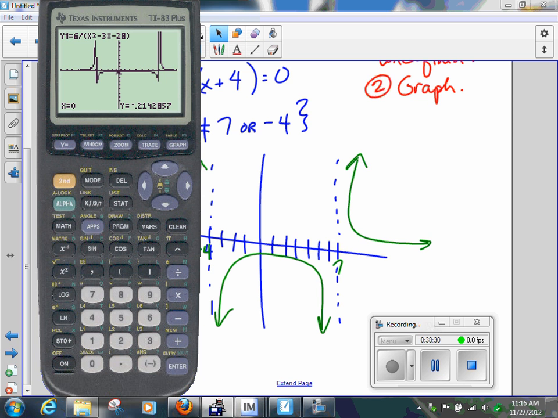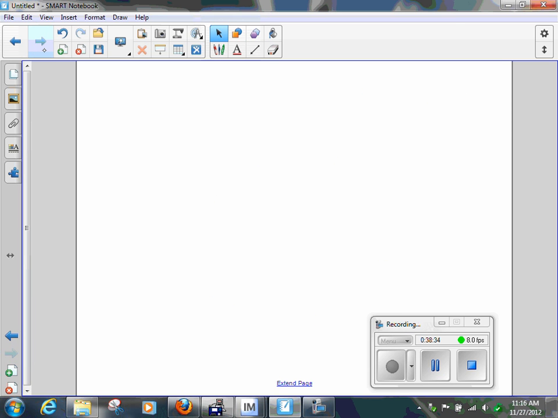Vertical asymptotes. Here we go. Let's look at another one. What example is this? 3? 4? Okay.